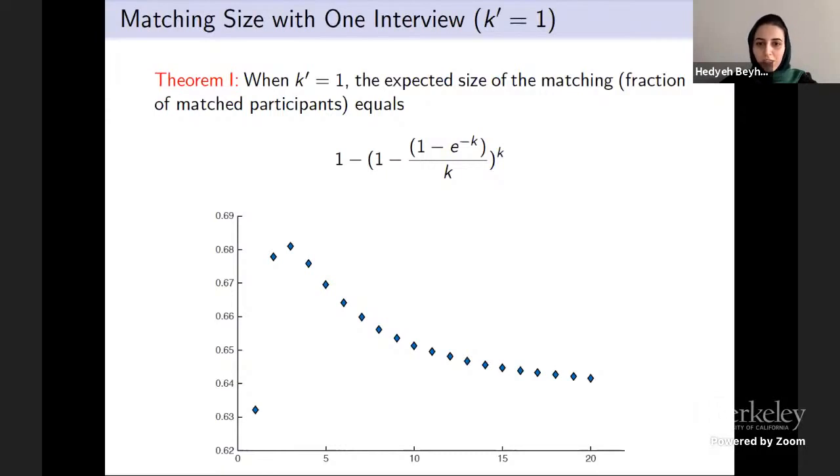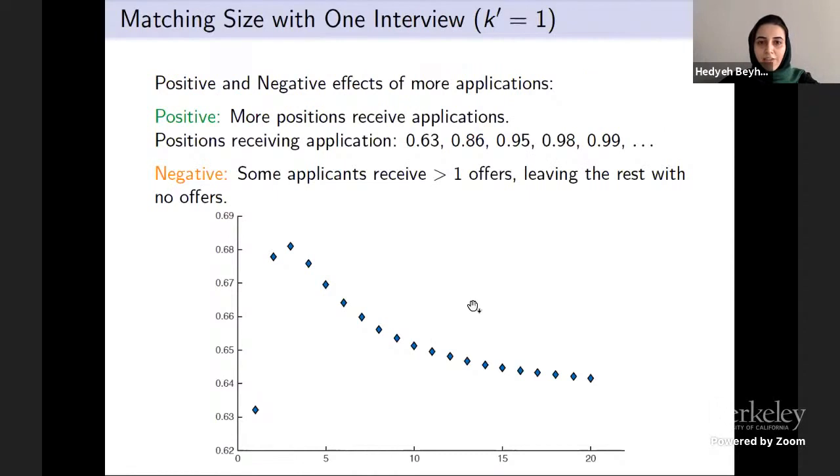But intuitively, what is the main reason? We realize that having more applications has both a positive and a negative effect. The positive effect is that with more applications, the number of positions that receive any application increases. For example, with one application, only 63% of positions receive any applications. As you see, it goes up pretty quickly with more applications.